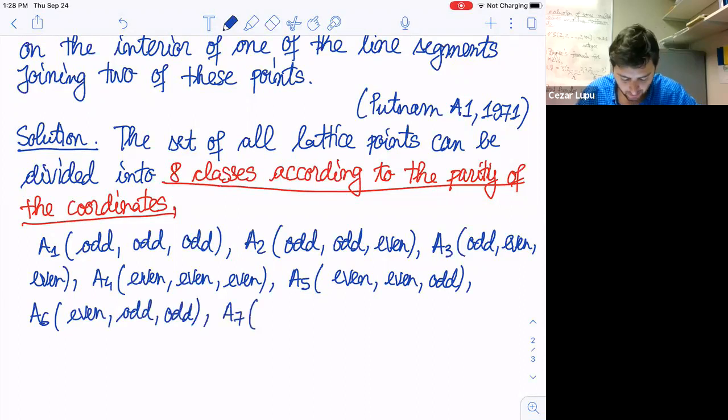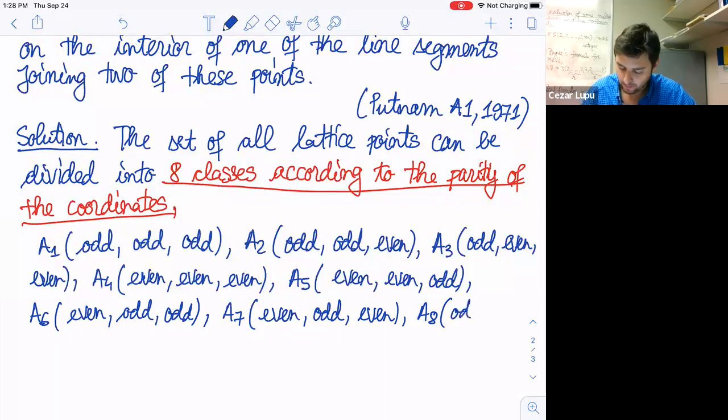So what are we missing here? Even, odd, even. And the other one, 8, will be what? Odd, even, even, we said. Odd, even, odd. Do we have this? Odd, even, even. Odd, even, odd. Yeah.